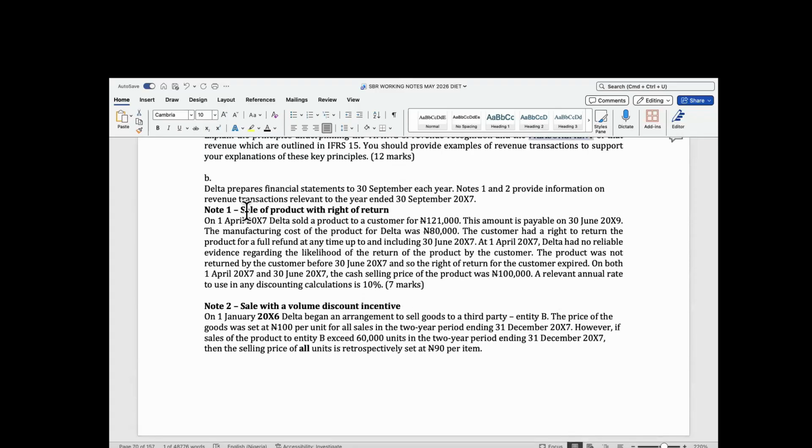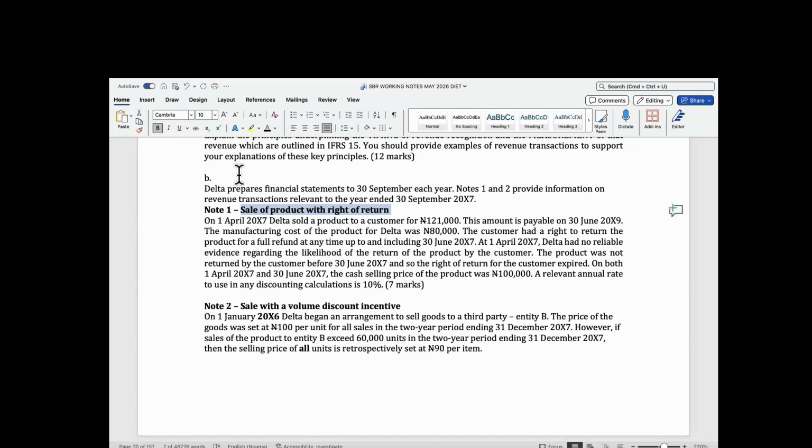Now, this is another one that you can also try your hands on. It is talking about sales and right of return. It's similar to the one we have talked about. You can look at it, and if you attempt it, I will share the solution with you. If the customer can return the goods, then you don't recognize that portion as revenue until that period elapses.